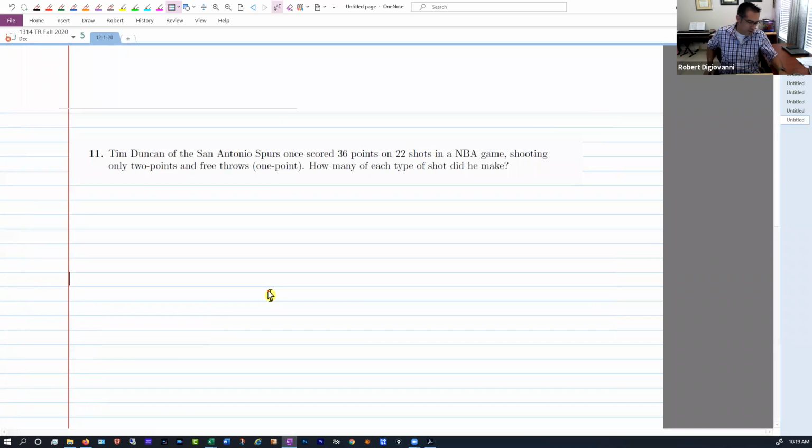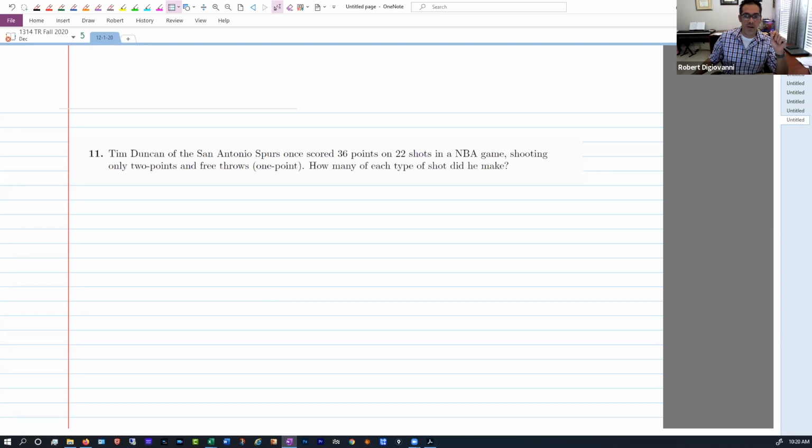We all know who Tim Duncan is, and if you don't, then you shouldn't be here. Tim Duncan of the San Antonio Spurs once scored 36 points on 22 shots in an NBA game, shooting only 2 points in free throws.